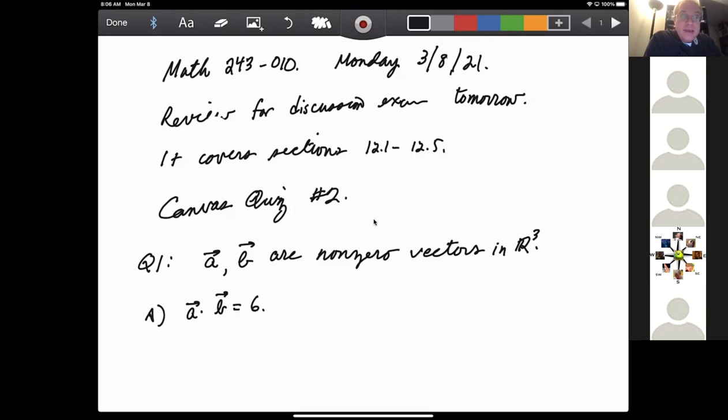So what do we think about this? Any ideas? Would it be acute? Okay, so somebody votes for acute. And what is your reasoning there? It's positive, so it can't be obtuse because then it would be negative.